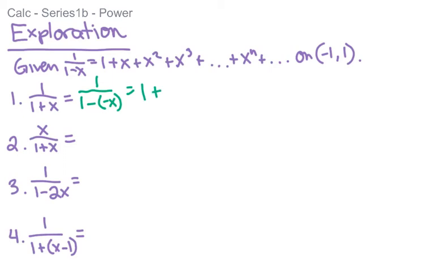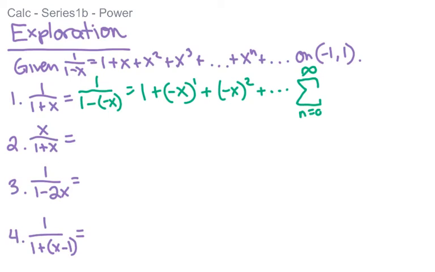We multiply the first term by -x, so the next term is -x to the 1. And then we multiply that term by -x, so that's -x squared. All right, and then we could go on forever. And then we're going to try to write a general term, like a Riemann sum, for that. So see if you could write the Riemann sum, and then I'll have the answer here for you in a moment. And then you can move on to the next one.